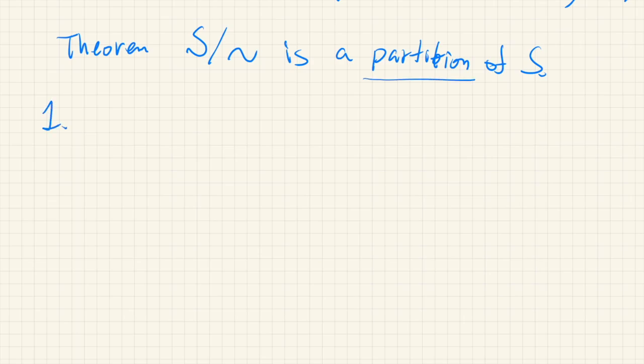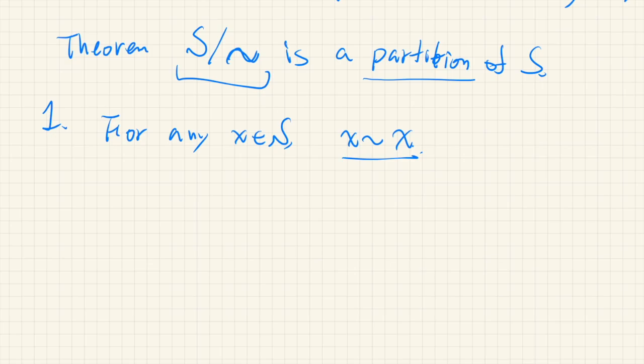So the first condition is that each element of this collection is non-empty. For any x in S, we have x is equivalent to x, because we're assuming that this is an equivalence relation, so this must hold always. So therefore, x is an element of the equivalence class of x.